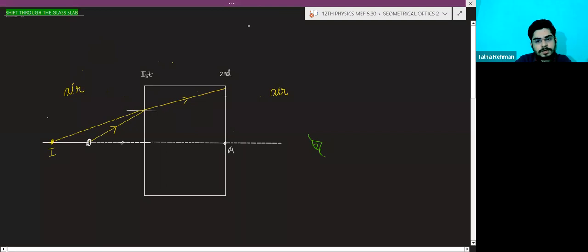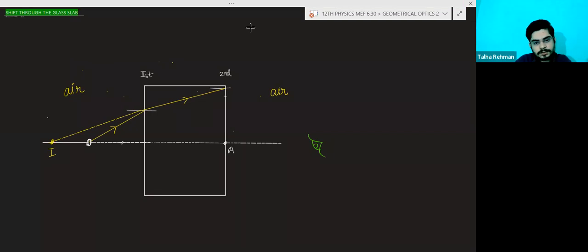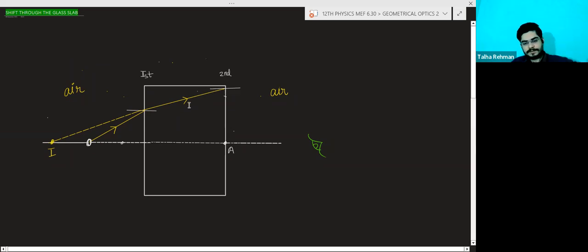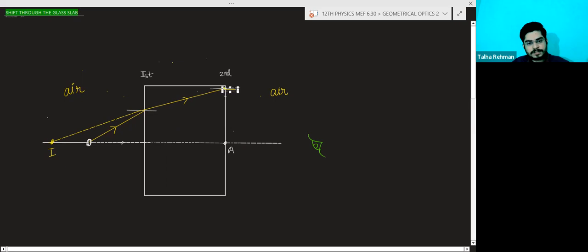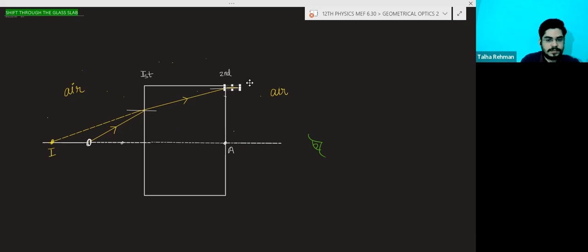We will draw the normal like this. This time light is traveling from denser to rarer, from glass to air, so it will bend away from the normal. Away from the normal means like this it will travel.